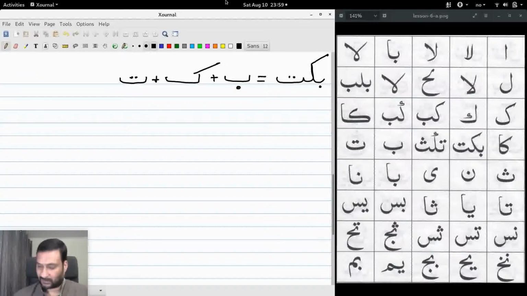And in such situations, you take the first part of the first letter, which is ba, and then you join it with the next letter, which is kaf, and then you join it with the last letter, which is ta, right? So this becomes ba, kaf, ta, like so.